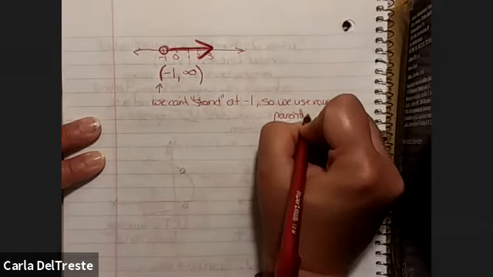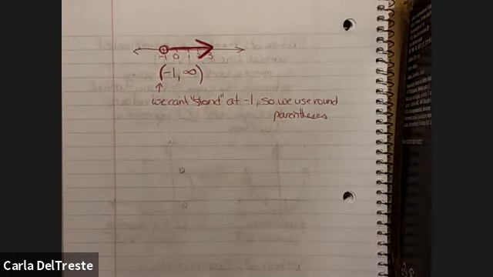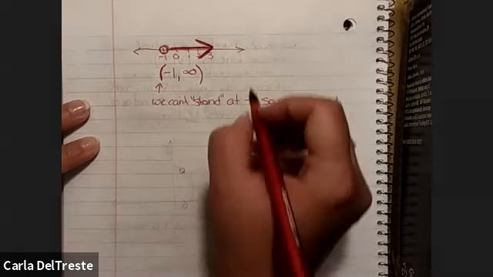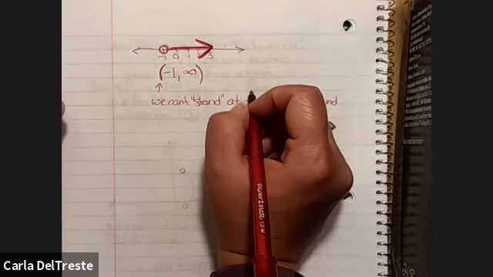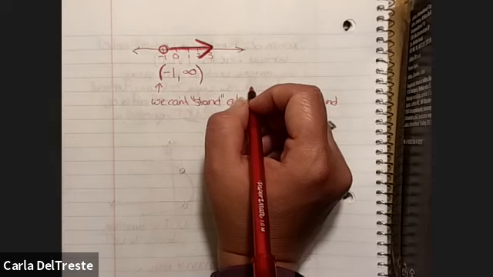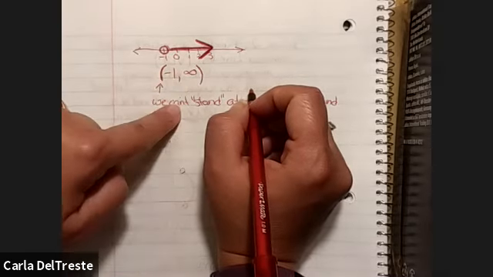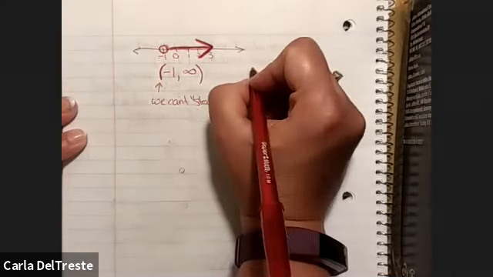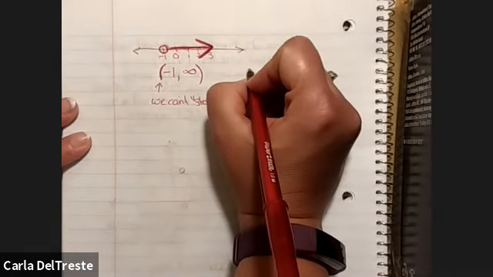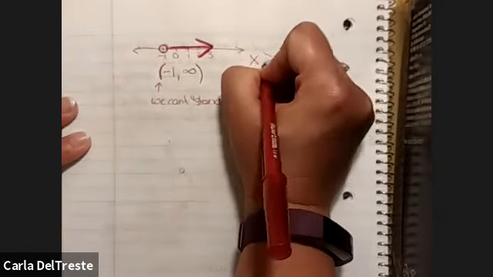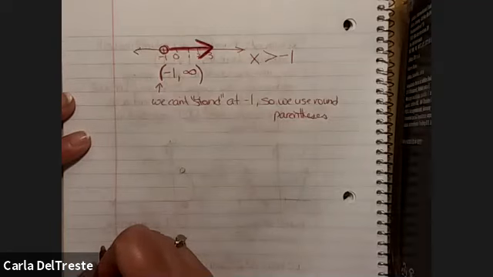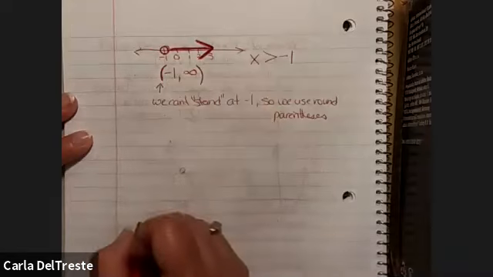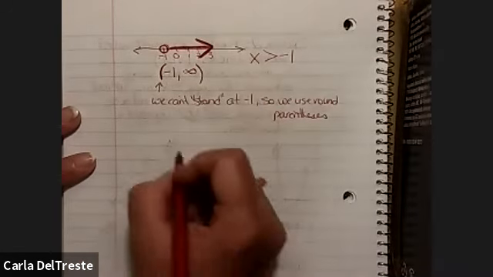That's the purpose of the round parentheses, to say that it's not included in the interval. If we were going to use less than greater than notation, which more students get incorrect, so I'm going to steer you more towards interval notation. But if you wanted to use inequality notation, you would be saying that this is all x values greater than -1. But again, I find this to be a little bit easier because you're describing the interval very specifically.